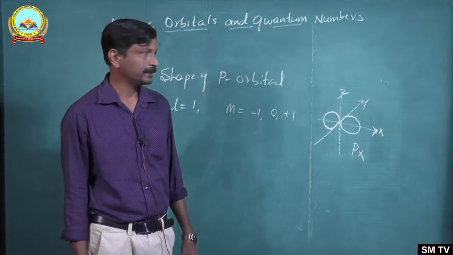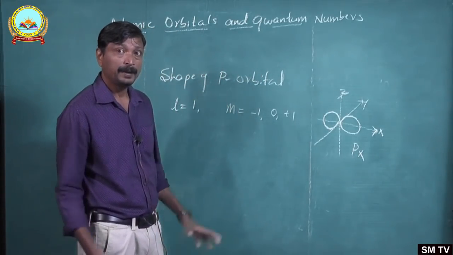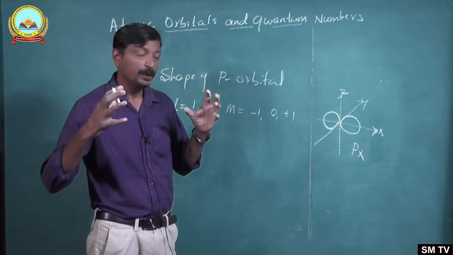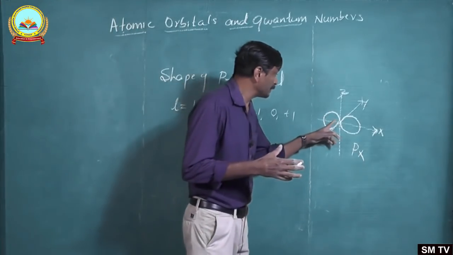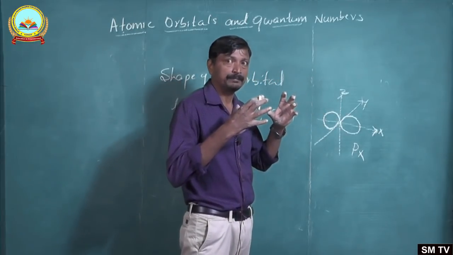Px. What is the shape of the p orbital? It has two lobes. It meets at the center of the nucleus.